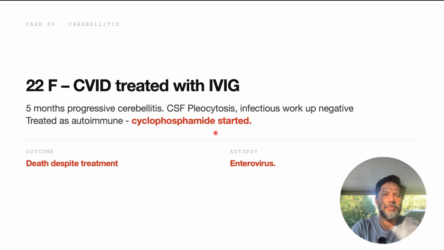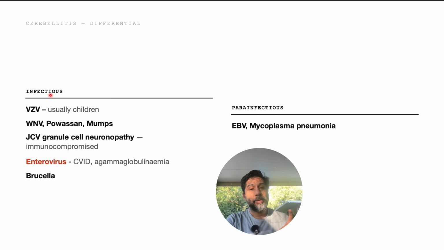especially with immunocompromised patients. So for cerebellitis, we think VZV in children. We can think about West Nile virus. Powassan is a flavivirus, an arbovirus that causes significant cerebellar edema. Mumps can do it. There's a condition called JC virus granule cell neuronopathy. This is JC virus, but it's not causing PML. It's infecting the cell bodies within the cerebellum.